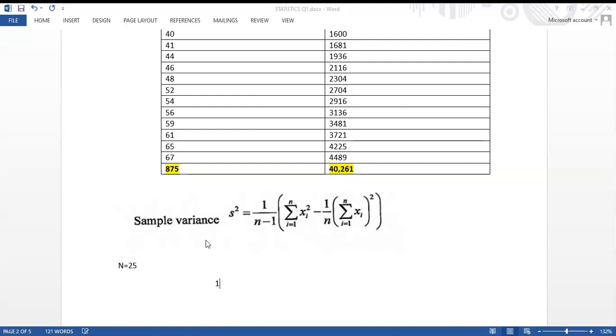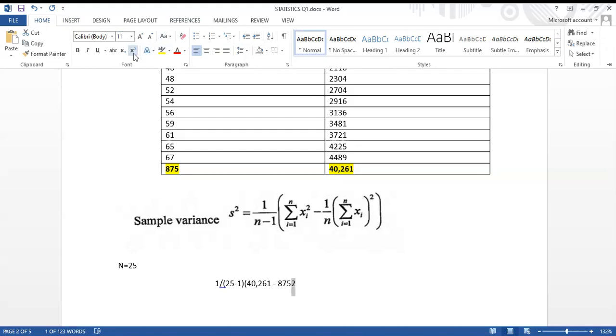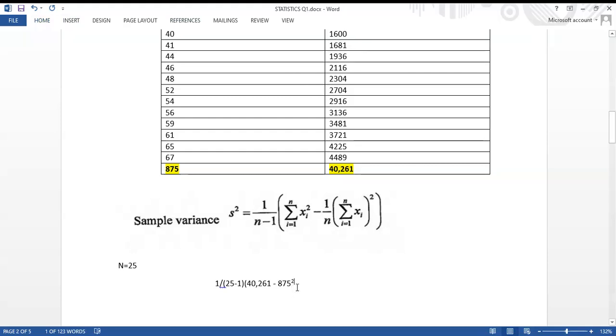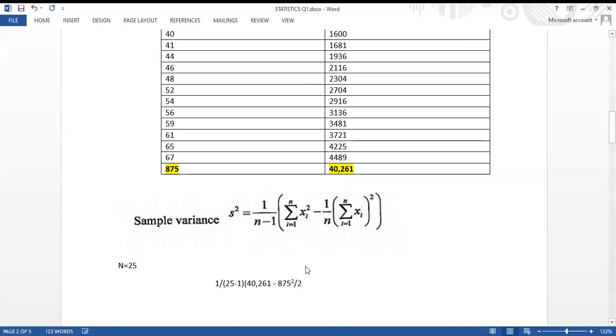Okay, so it's going to be like this. 1 divided by 25 minus 1, open brackets, 40,261 minus 875 squared, divided by 25, close brackets.